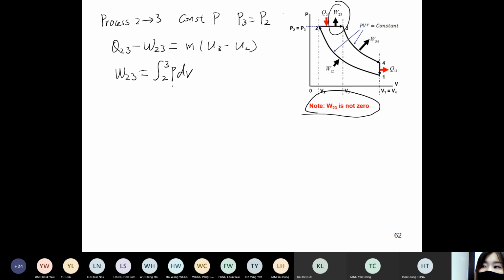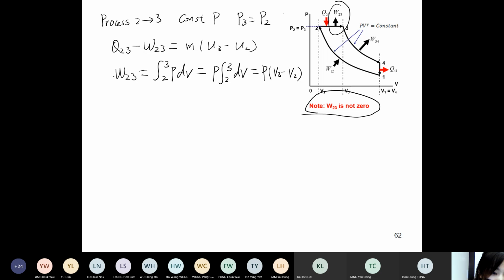Here P is constant, so we can take it out. That is P dV, which is P times V3 minus V2. That is the work output during process 2 to 3.